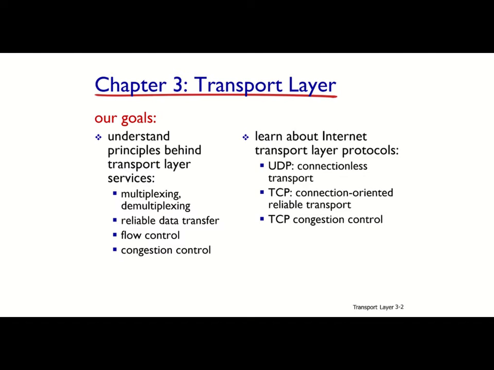Also, we'll talk about TCP congestion control. Obviously, I'm not going to go over the whole chapter 3 in this week. For this week, we go over the first half of chapter 3, and in the next week, we finish chapter 3 material.